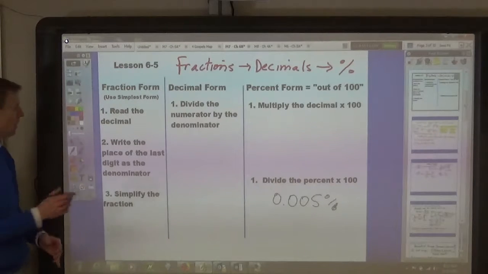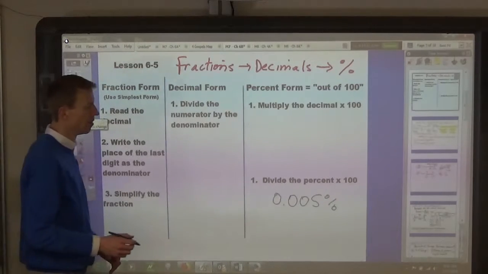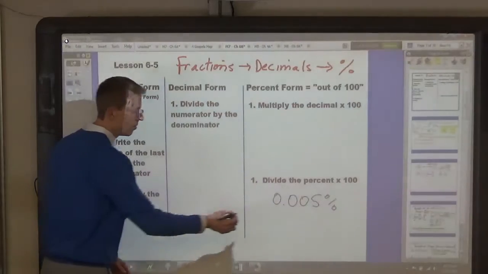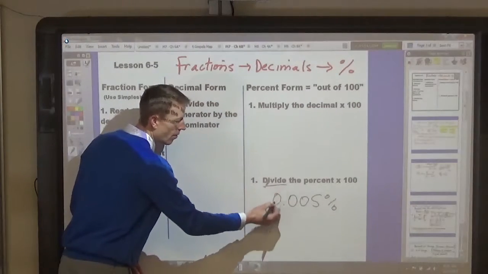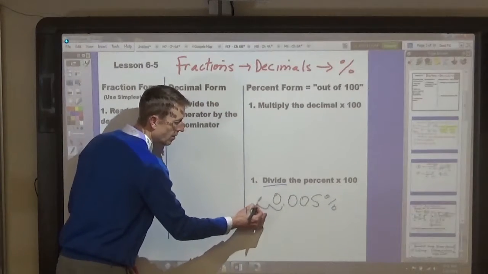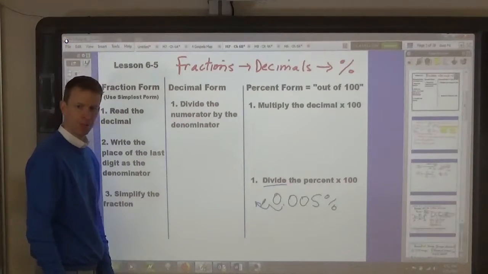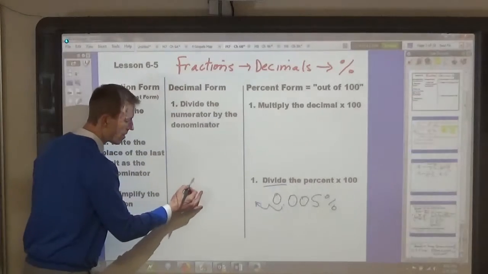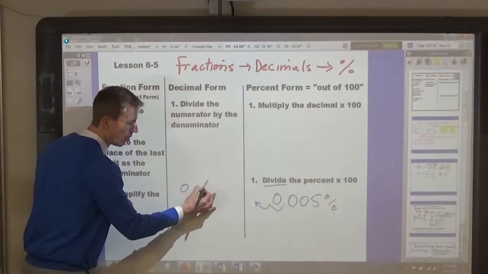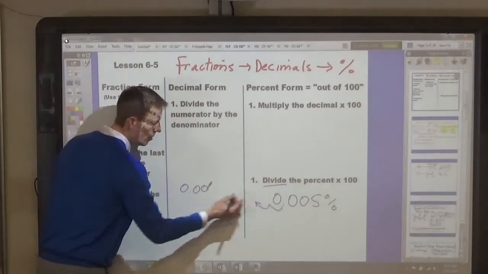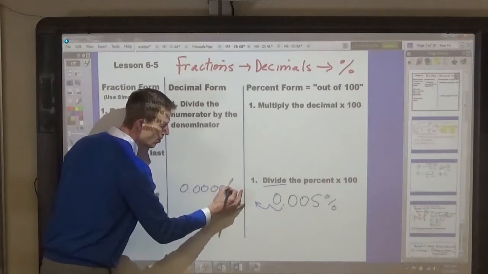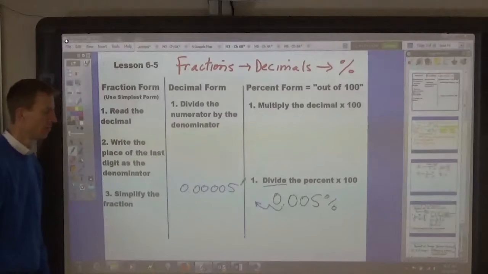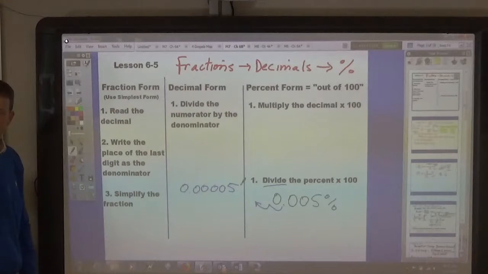And still do the same process. So, to divide by 100, you move the decimal place 2 places to the left. So this is 0.00005. Okay?